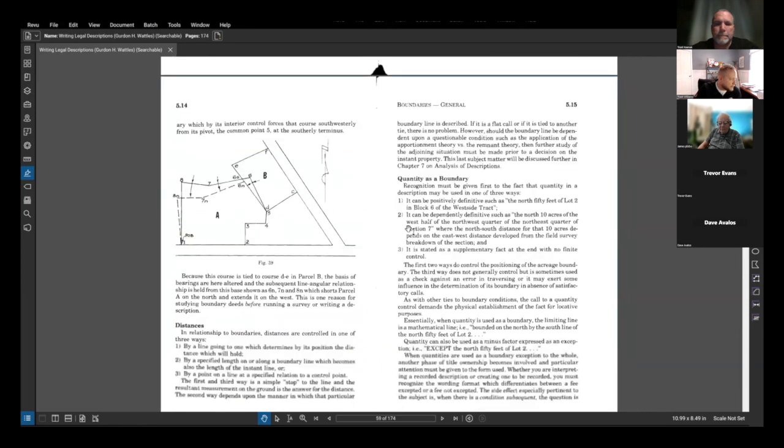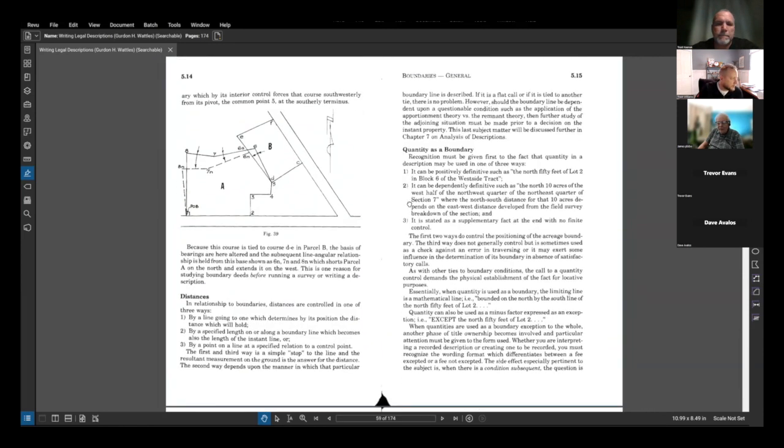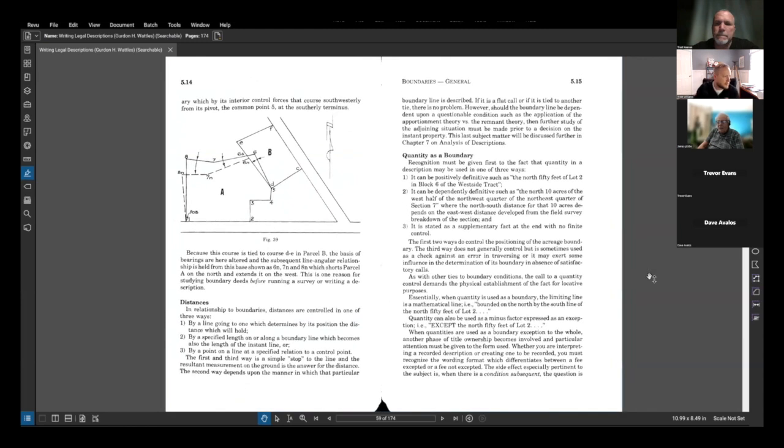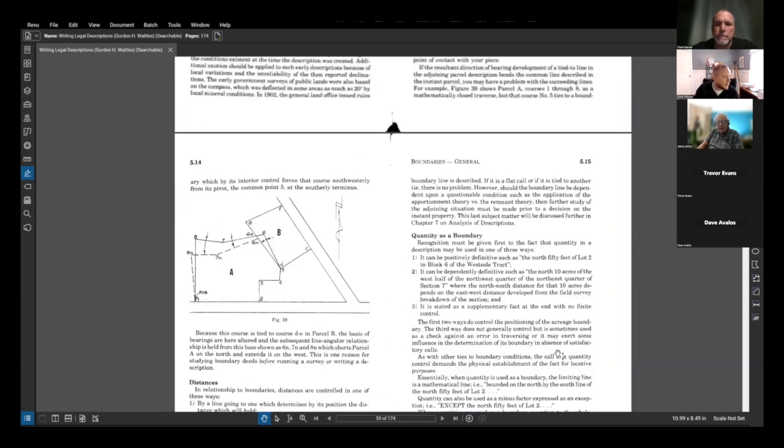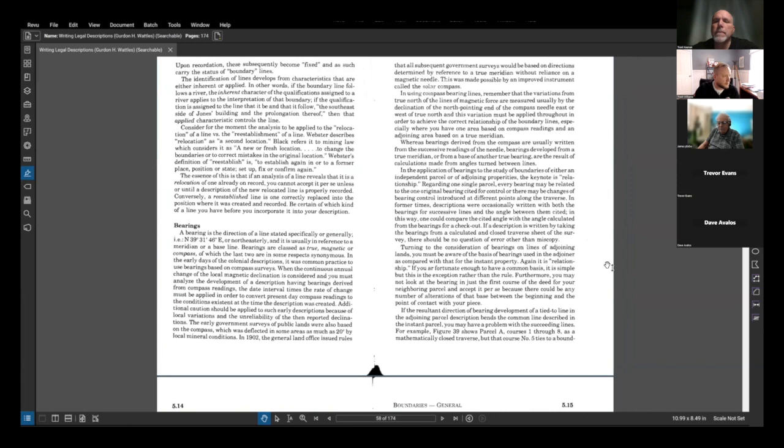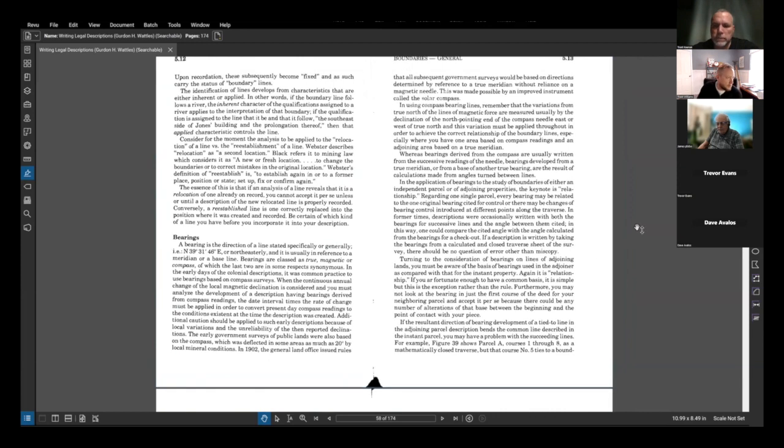I don't have that part highlighted, so I'm trying to read through and remember where that was exactly. I think it's close to the bottom of page 513.